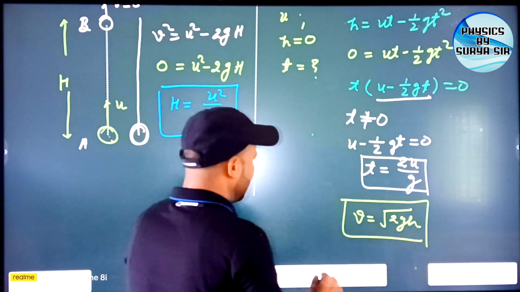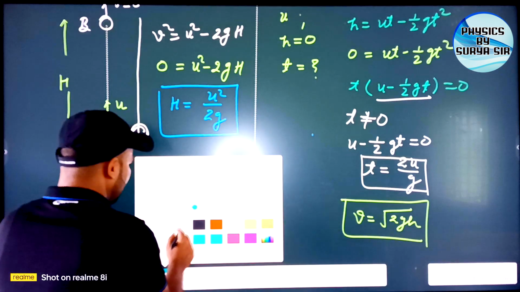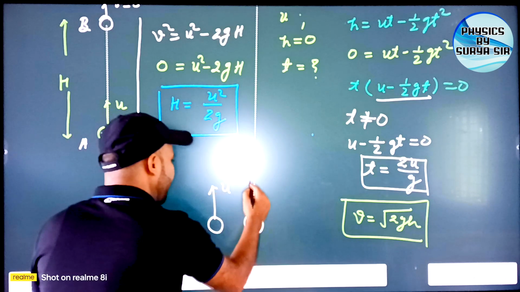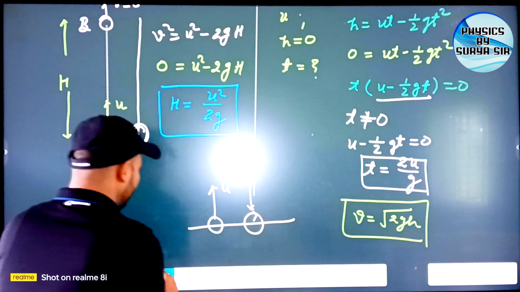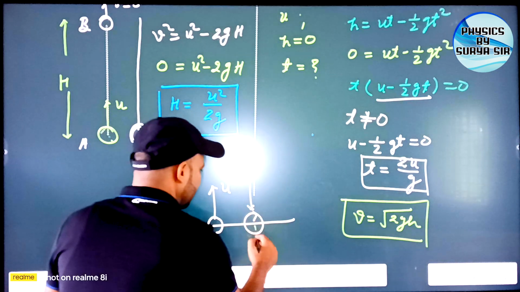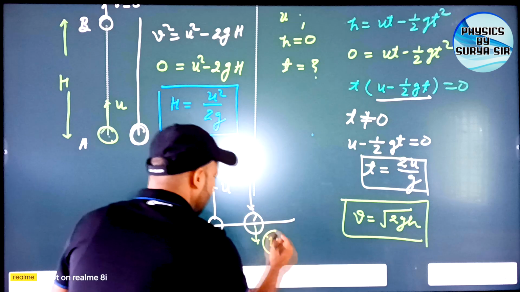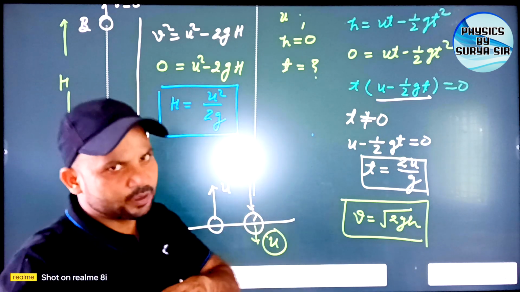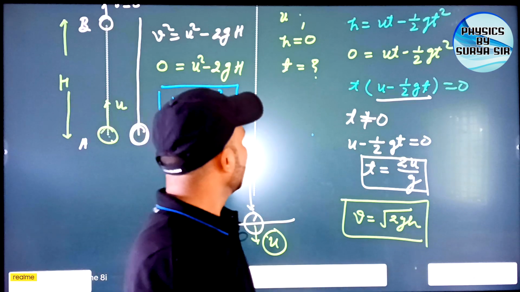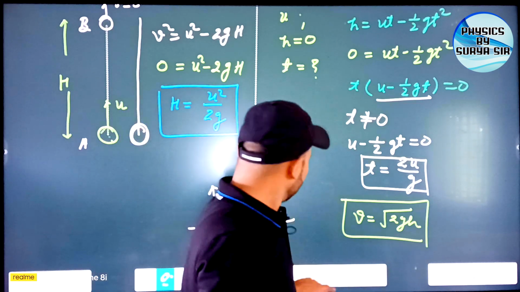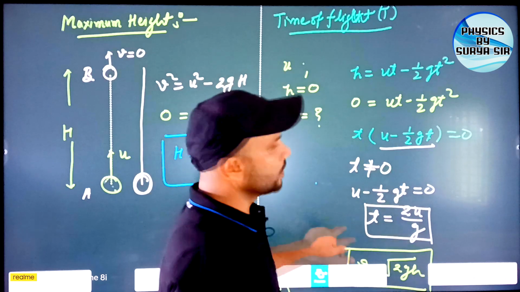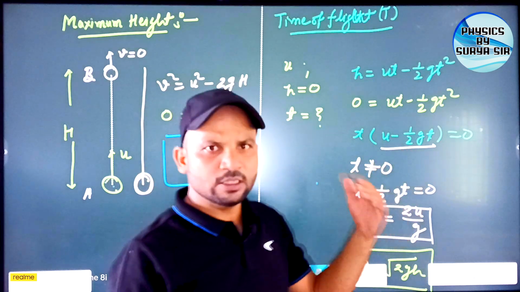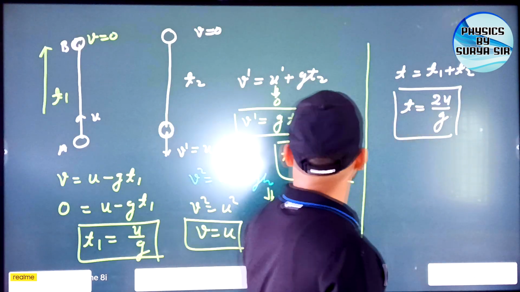And one more: if any object is projected with velocity u and it comes back to the same position, its velocity v will be u. The velocity with which the object goes upward is the same velocity with which it falls on the earth's surface. Clear? So these are some important conclusions and equations for an object moving upward and downward. Clear?